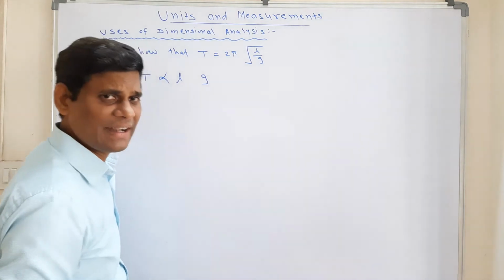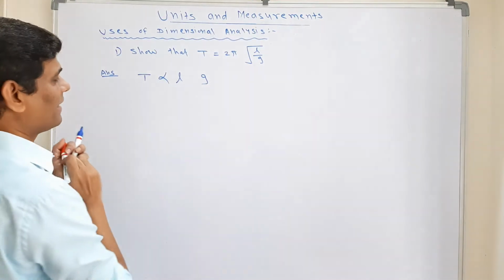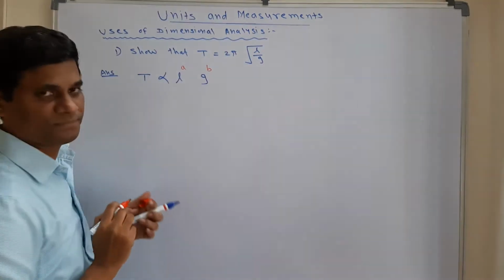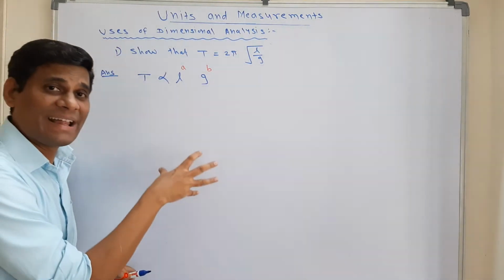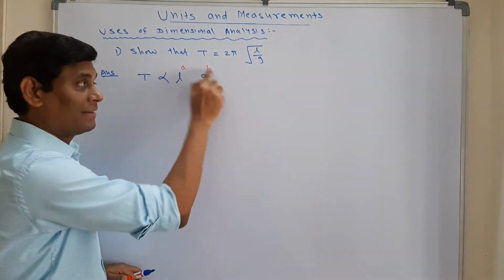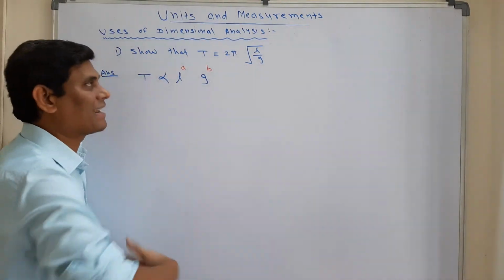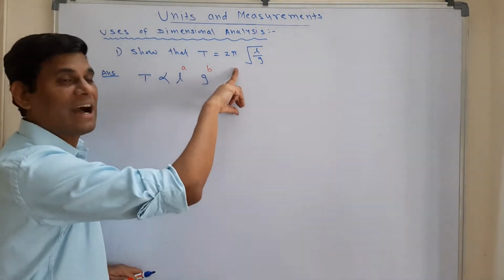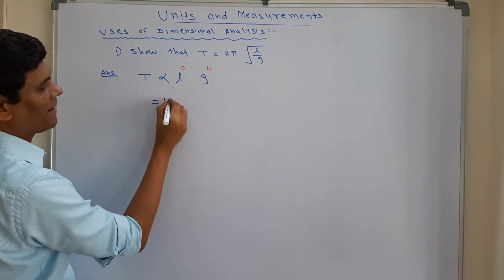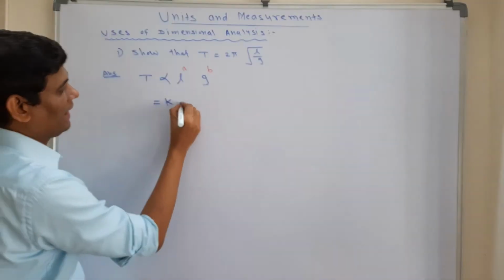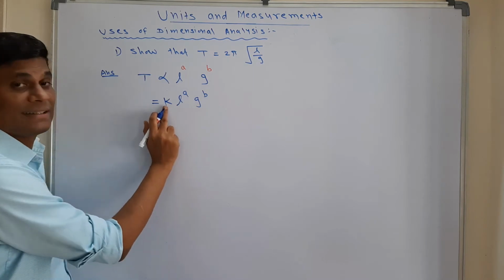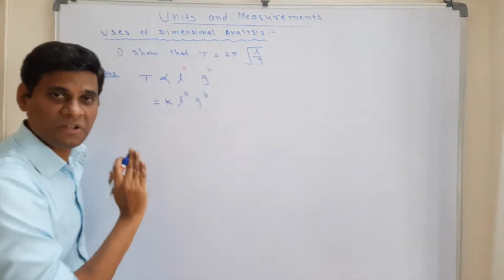Any alphabets you can take, A, B, C, X, Y. So let us say L raised to A, G raised to B. Now with dimension analysis, get the value of A, get the value of B, then automatically my equation will transform to this. Let's see how. First of all, if I remove the proportionality sign, I can write constant K, L raised to A, G raised to B. K is a dimensionless constant, it will not have a dimension.